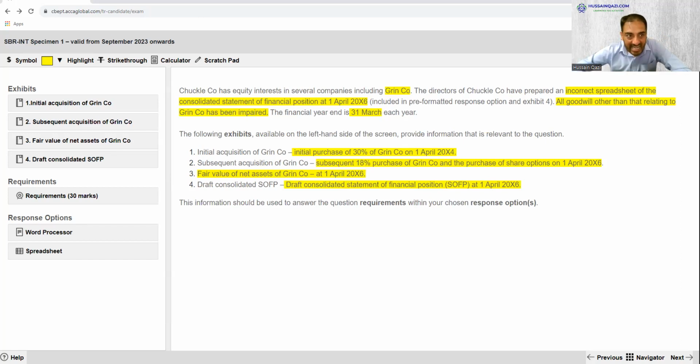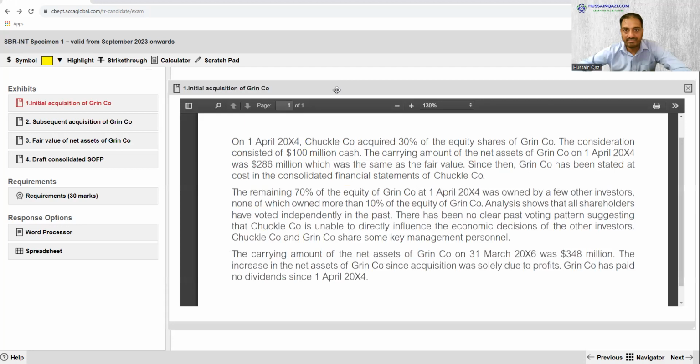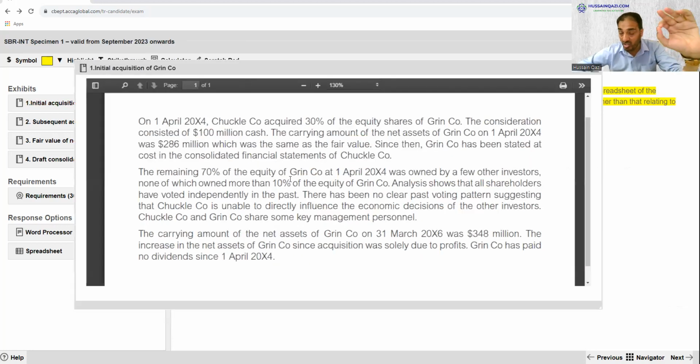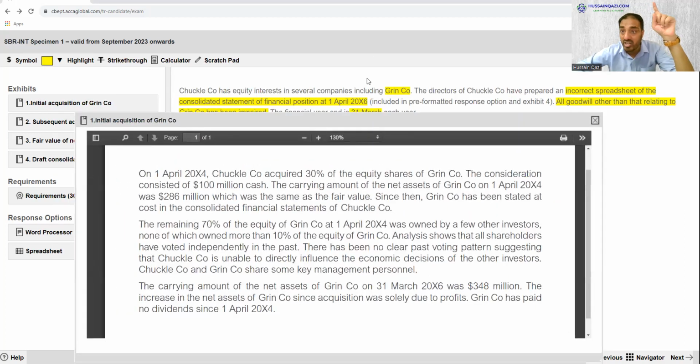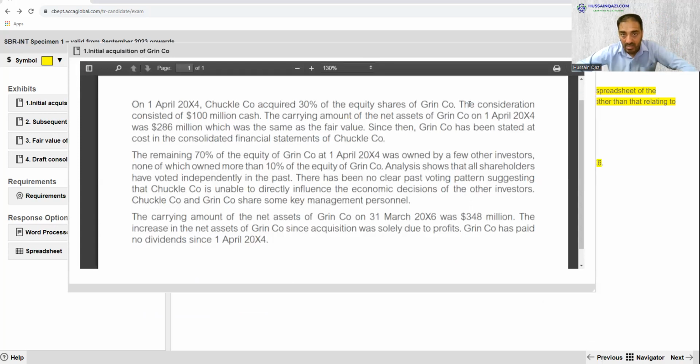Now, entering into details. Now come on, very focused, be careful, be attentive. 1st April X4, Chuckle acquired 30% equity shares in GRIN. By the way, our balance sheet date is 1st April X6, 2 years after.